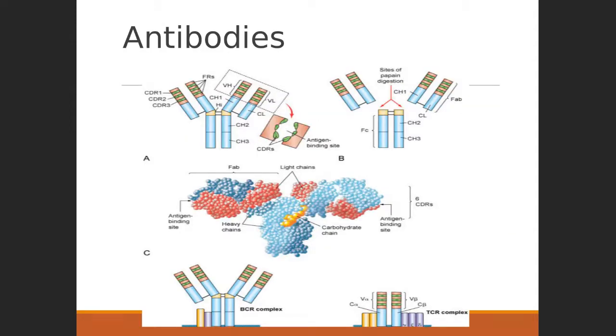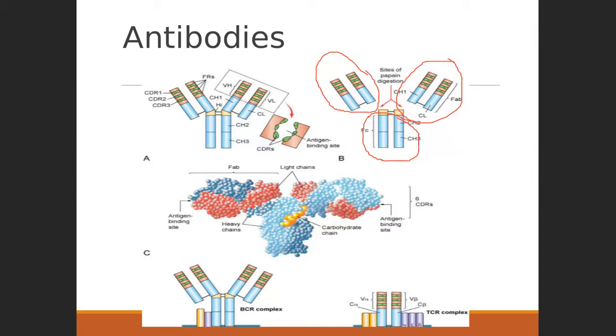So if we look at what that means, here are the branching portions of the Y, if you will. This is our Fab portion. That is what's going to interact with the antigen. Our FC portion, I guess, is the stem of the Y. That has the opportunity to bind to our own inflammatory cells.